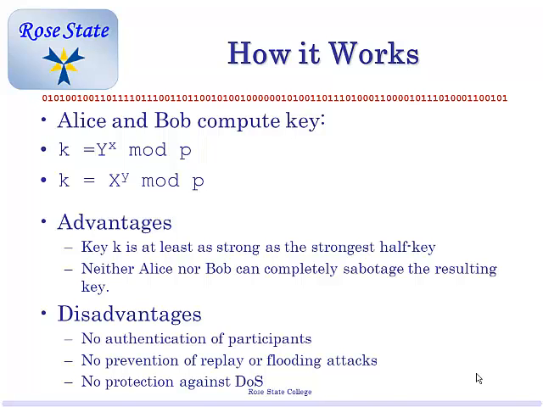Disadvantages. I don't have a clue who I'm sending this to. So if someone intercepts the communications, if Bobby intercepts Carol's communications, now I'm really talking with Bobby instead of Carol. So there's no authentication, no prevention of replay or flooding, and it does not prevent against denial of service as well. But it is a way to transport the keys.